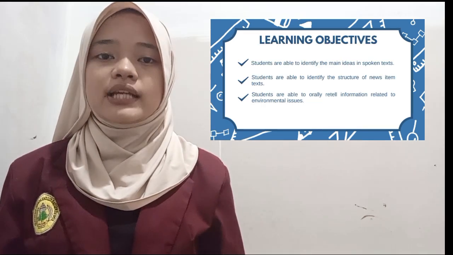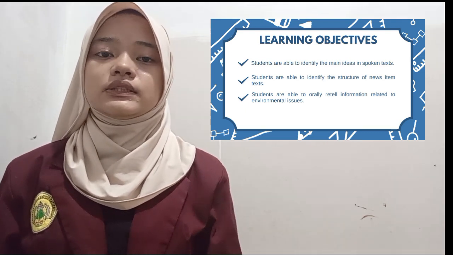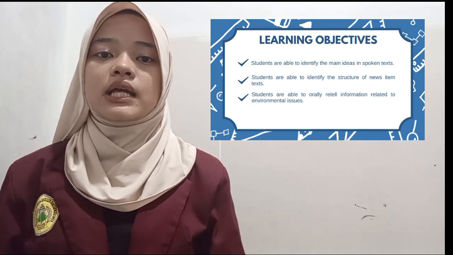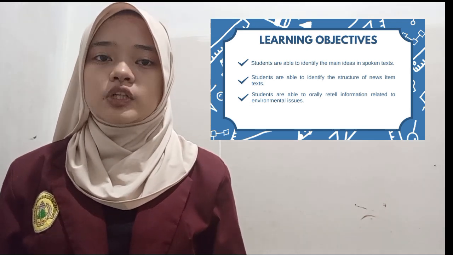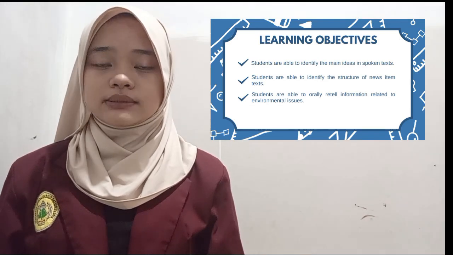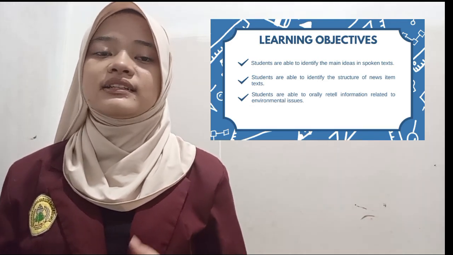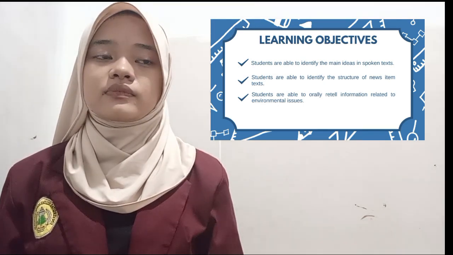Next slide about learning objectives. There are 3 learning objectives in this lesson. First, students are able to identify the main ideas in spoken text. Second, students are able to identify the structure of the news item text. And third, students are able to orally retell information related to environmental issues.